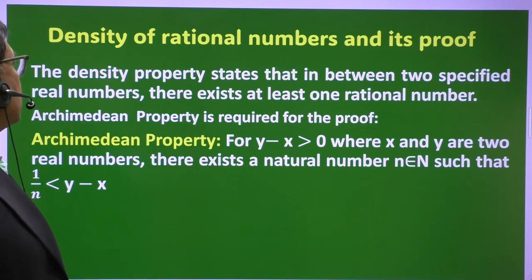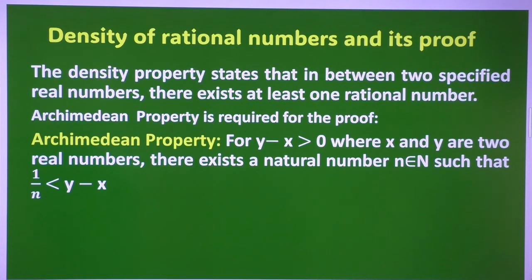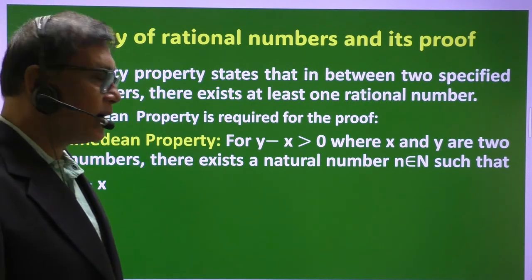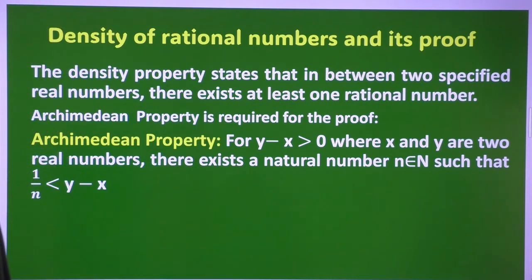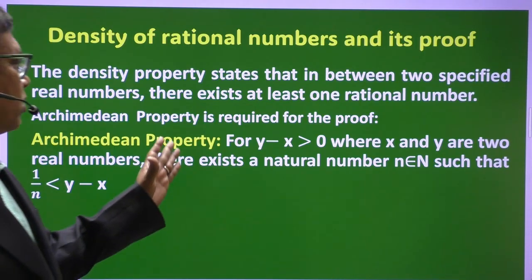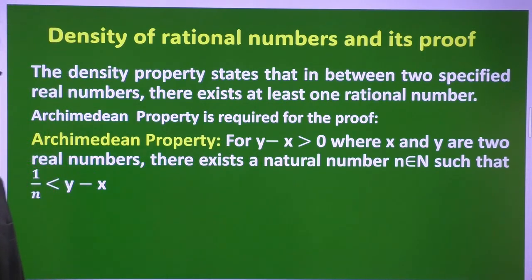I'll prove this theorem. But to prove we need Archimedean property. What is Archimedean property? First we have to know that. If x and y are any two real numbers, and y is greater than x, so obviously y minus x will be greater than 0.